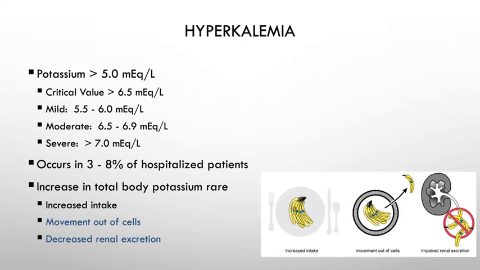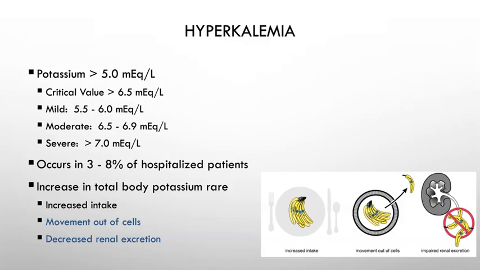Now let's flip to the other side, hyperkalemia. Hyperkalemia is defined as a serum potassium greater than 5 milliequivalents per liter. In the absence of renal dysfunction, hyperkalemia is relatively uncommon due to the body's two-step defense of intracellular buffering and renal excretion.